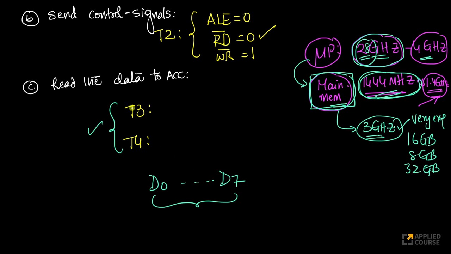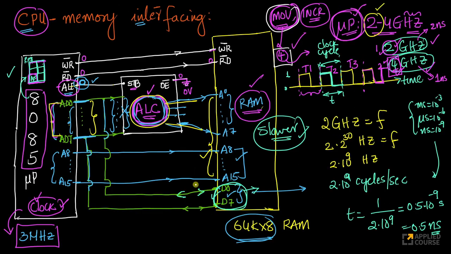So by the time my data is placed on the D0 to D7 pins, the processor has already done 2 cycles, but that's okay. We know that it takes longer to copy data from RAM to the processor than from the registers.